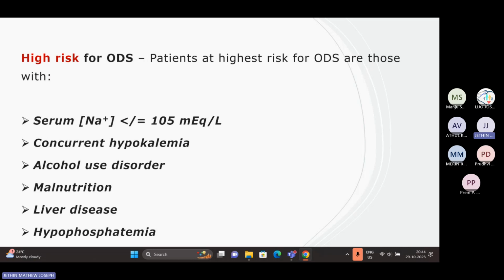Also if the patient has a history of chronic alcohol use, a history of malnutrition, a history of liver disease, and hypophosphatemia. These conditions are important to keep in mind. There is a higher risk of ODS in these conditions. So in these conditions, and in conditions where the cause of hyponatremia is rapidly reversible, it is better to keep a closer eye on the sodium levels, as the risk of overcorrection is higher than in other cases.